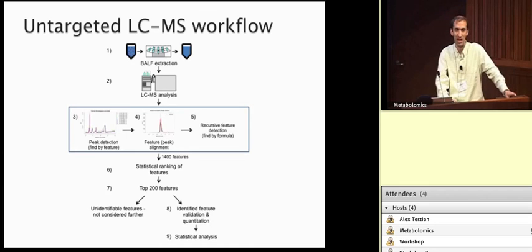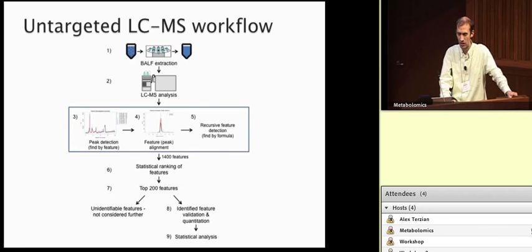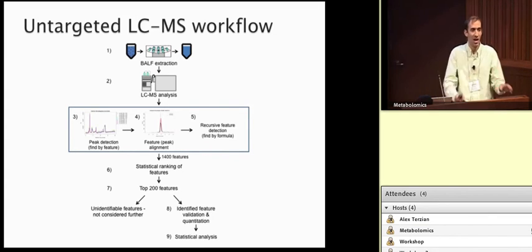You should be able to handle that for the most part on your own. But if you need help, we're happy to provide it on a bioinformatics scale. In general, as I understand it, each instrument is treated separately. But it's not much of a challenge. I think we're going to talk about MetaboAnalyst and some tools that you can use. It's not very much of a challenge to put data together and treat it in a statistical manner.